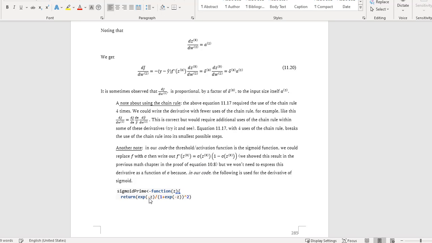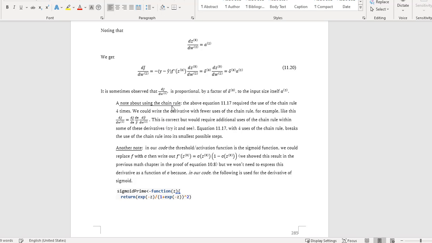You can actually express the sigmoid function and do its derivative, and you get this for the derivative. So we're just going to do this and call it sigmoid prime. We're actually not going to use this relationship, but we will need sigmoid prime. It is called for in the calculations of dJ/dW2.